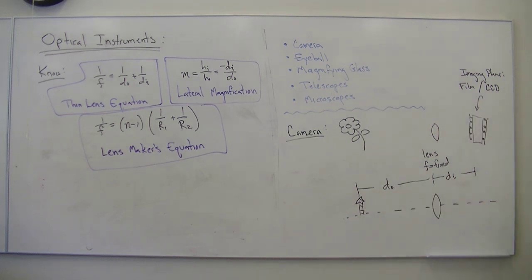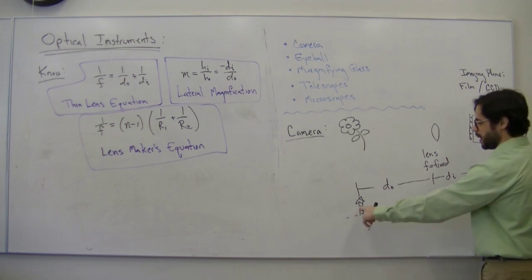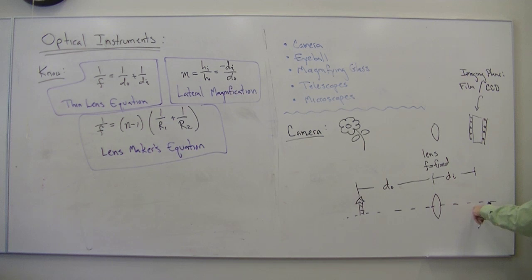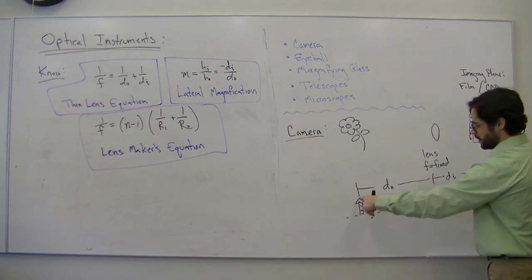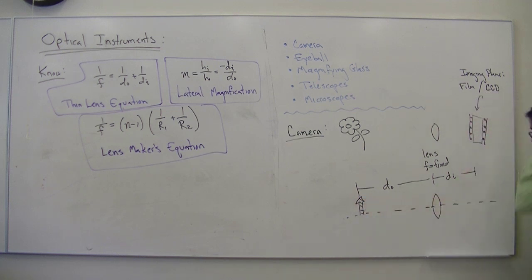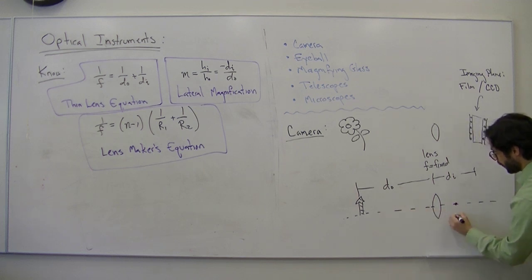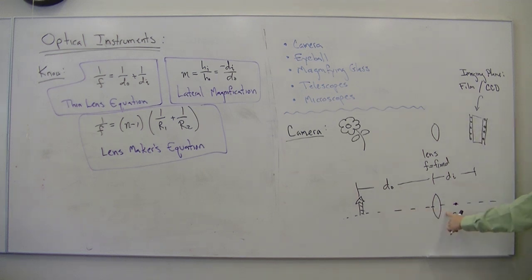If you've solved a couple of problems with converging lenses, what do you know about the image that shows up on the film or the CCD? I've got a converging lens, and this is probably much farther away than the focal length, so we haven't put that on yet. I'll do so now. We'll say that this is F, and F would be on this side. So the light makes it through parallel and would go through this focus.